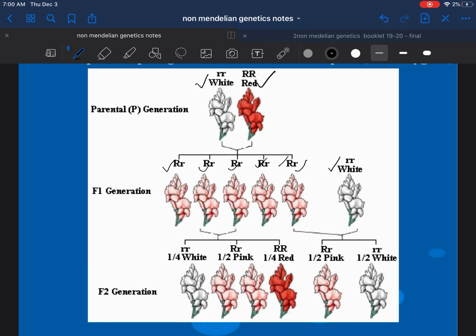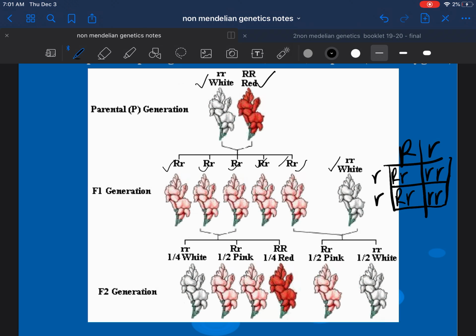So if you look at it, there is a 50% chance of it being pink and a 50% chance of it being white.